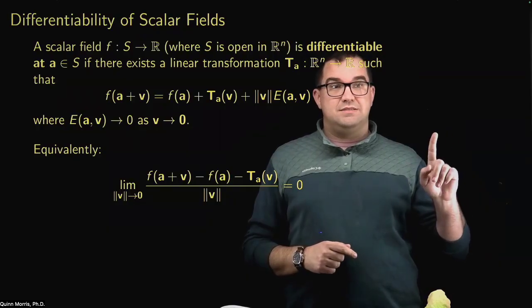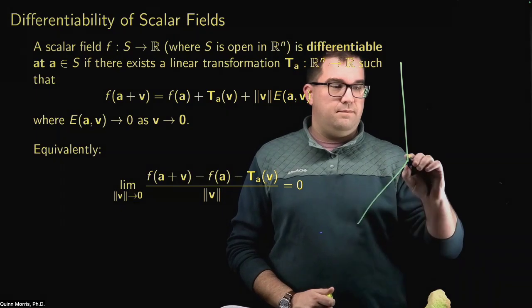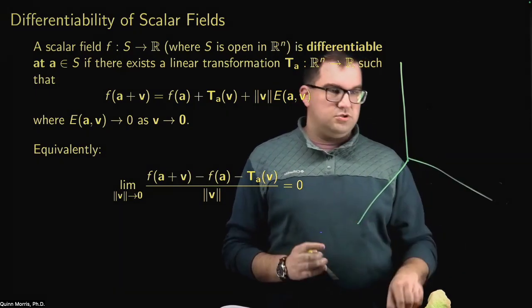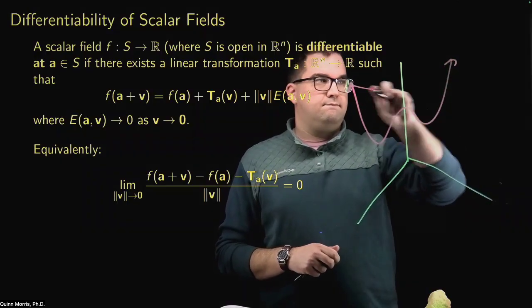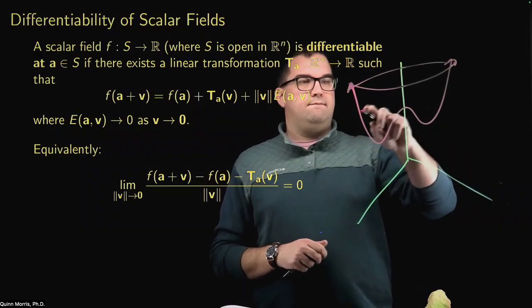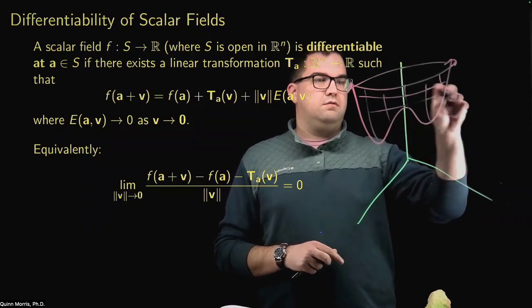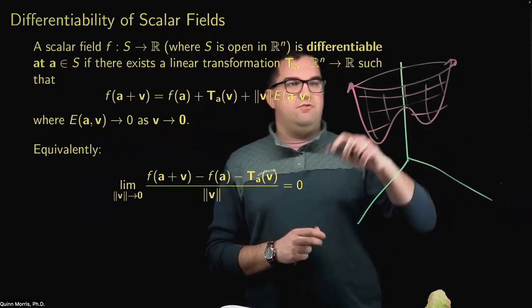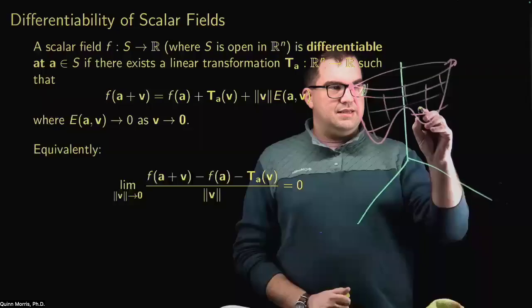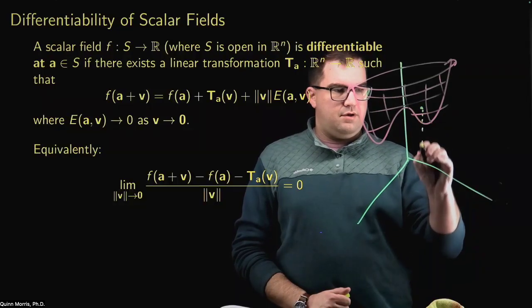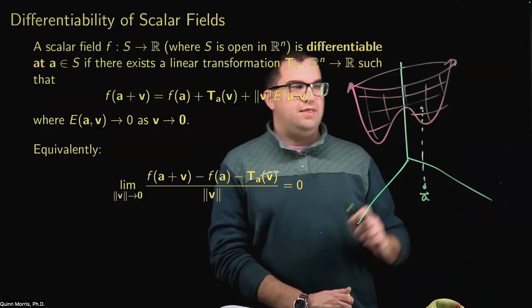linear subspace. So, for example, if you have some function here, let's just sketch some sort of surface that's giving us a scalar function. What this is saying is that at this point, I have some point A in the domain, and I want to understand if we're differentiable at that point.